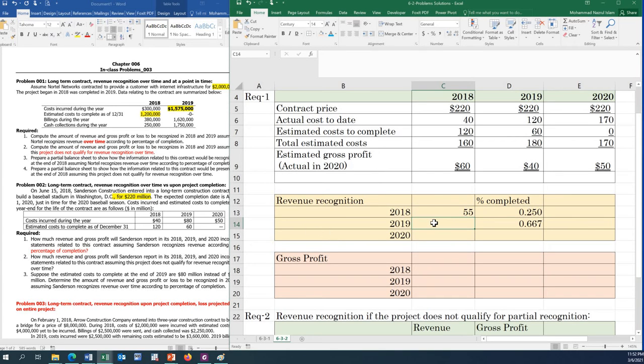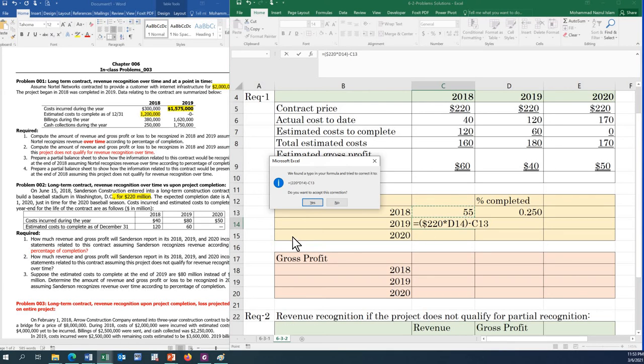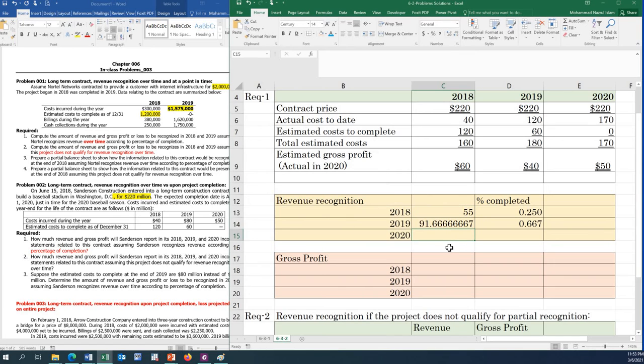In 2018 and 19 it should be 220 multiplied by this one, minus 55. So this one is 91.67.